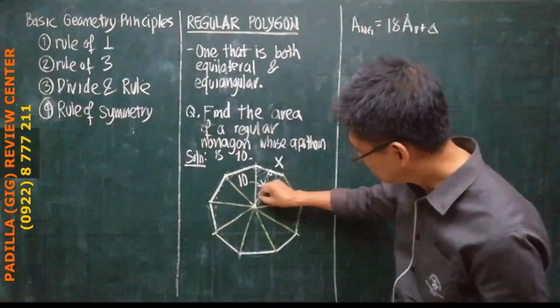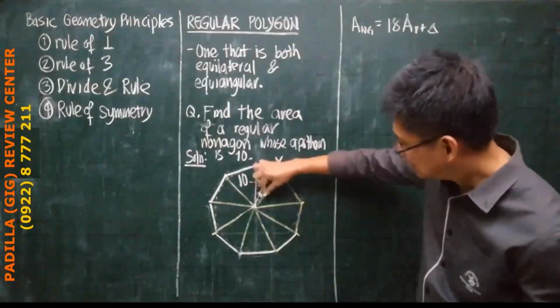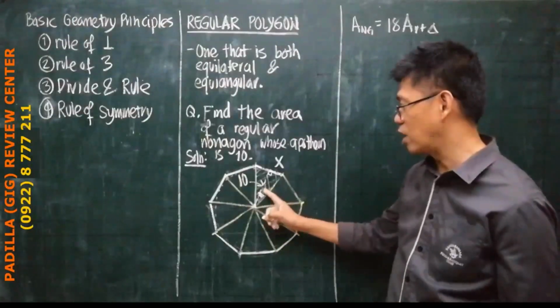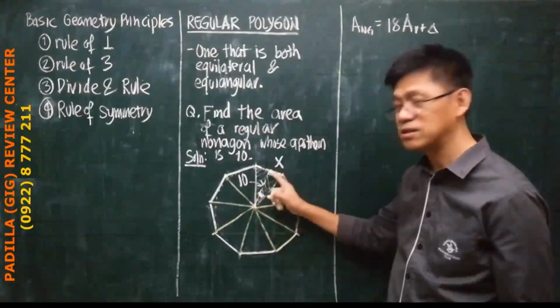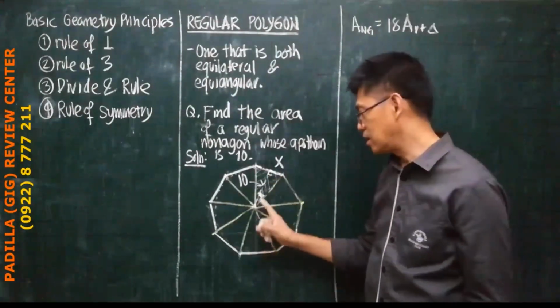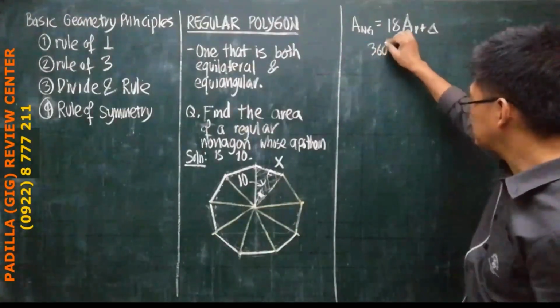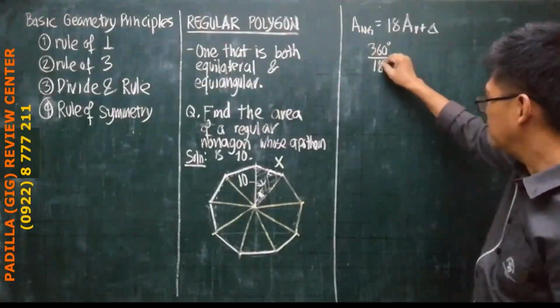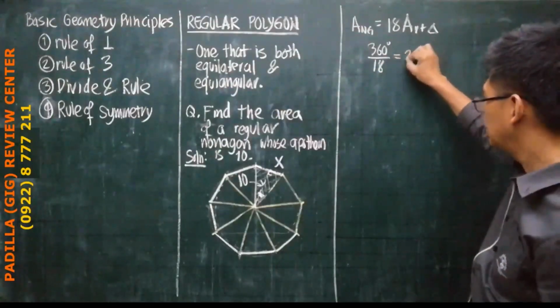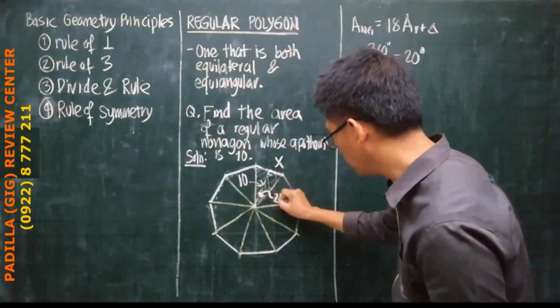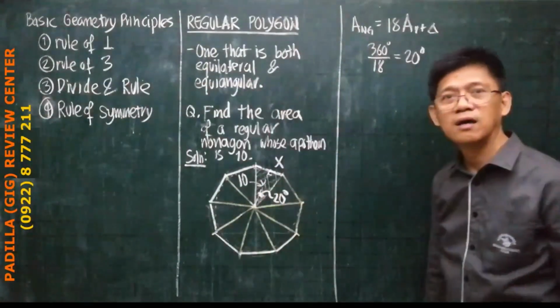This angle can be solved. This entire thing is 360, right? And we divide it into how many equal right triangles? 18. So, therefore, this angle must be 360 divided by 18. And this is 20 degrees. So, this angle is 20 degrees.